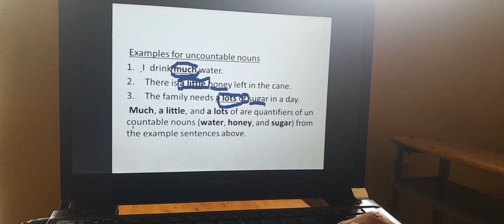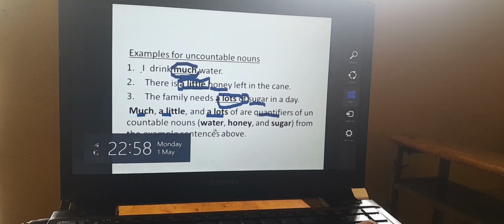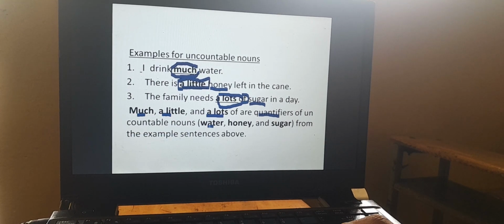Here, much, little, a little, and lots of are quantifiers of uncountable nouns. The uncountable nouns are like, in the examples, water, honey, and sugar from the example sentences above.